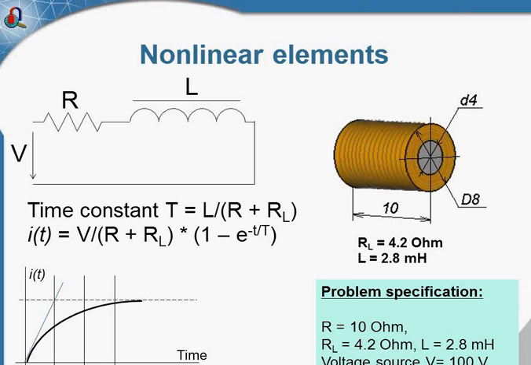The total time of 3 time constants is enough for transient process to finish. And for this electric circuit, the time constant equals to the ratio of the inductance value to the total resistance in the electric circuit.